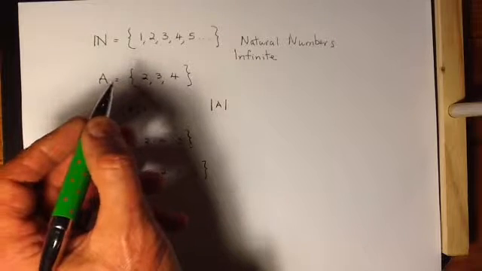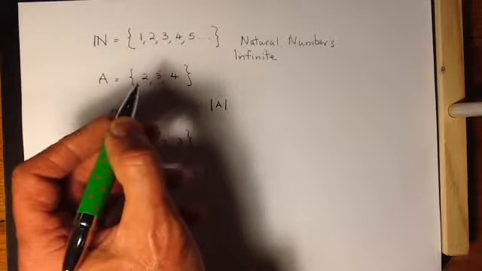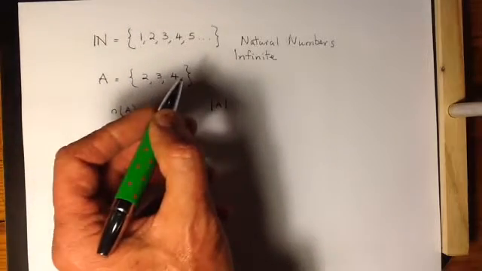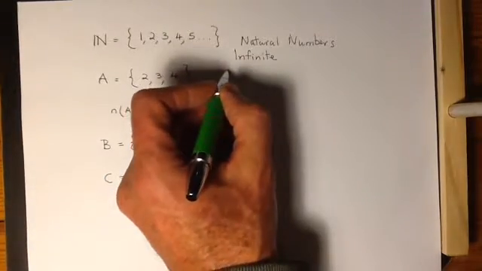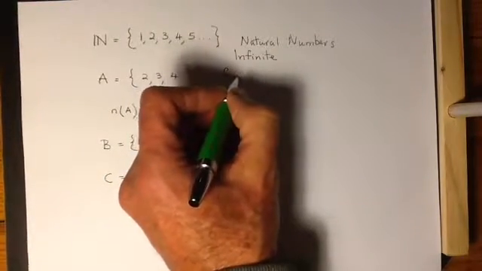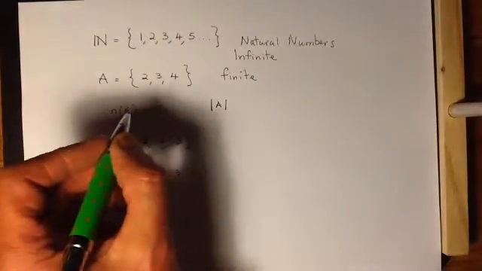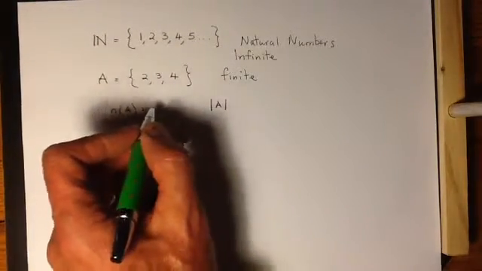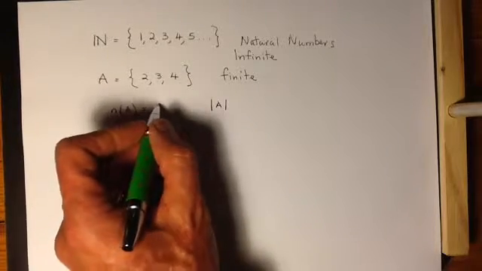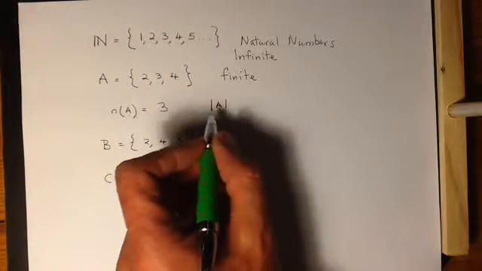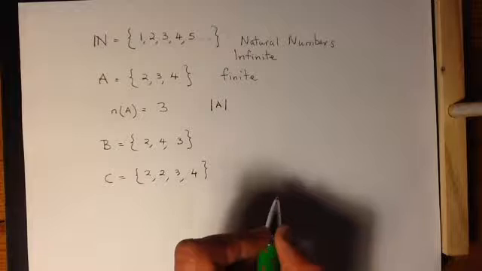If we take the set A, which just has elements 2, 3, 4, then this will be a finite set, and the number of elements in A, 1, 2, 3, which in some books is written like this.